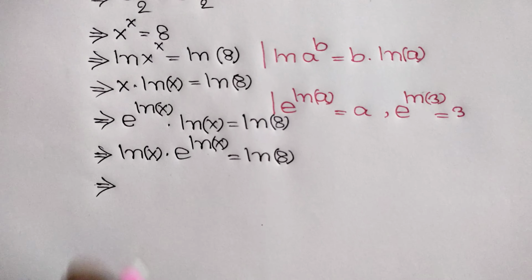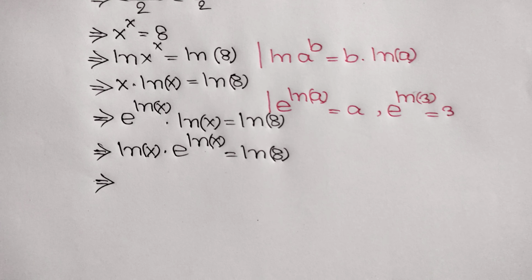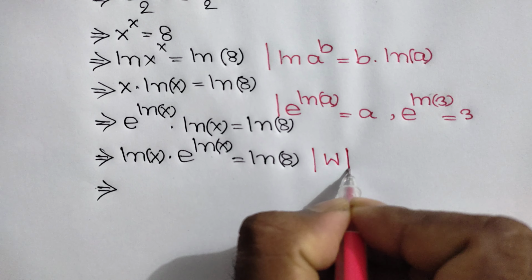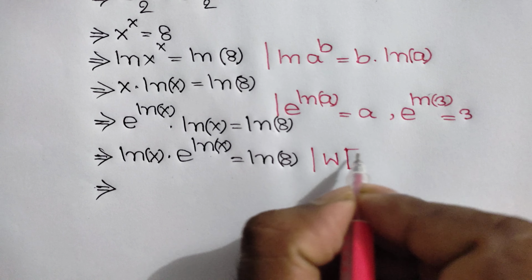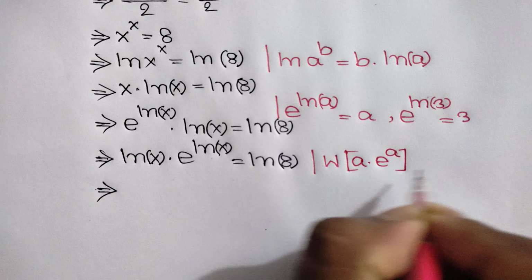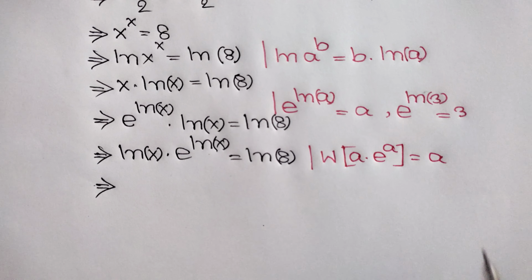Now we know the Lambert W function: W of a times e to the power a is equal to a.